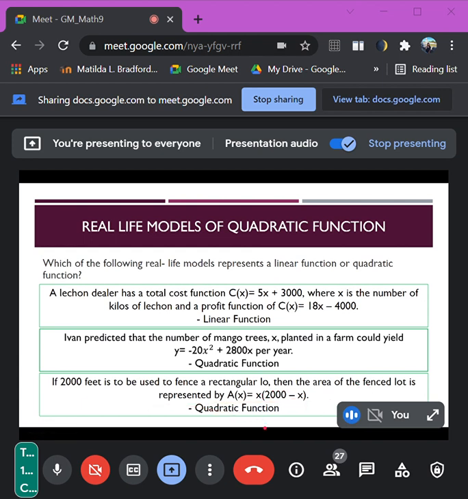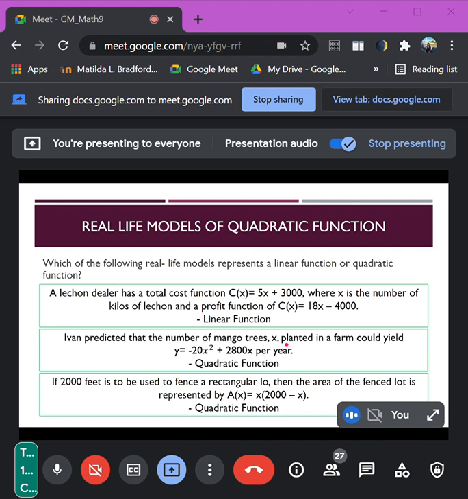So this is still a quadratic since you are going to distribute this. So x times 2,000 is 2,000x, and then x times negative x is negative x squared. So that is still a quadratic function. These are some of our real life models of a quadratic function.